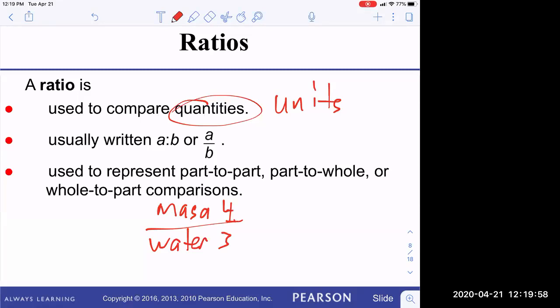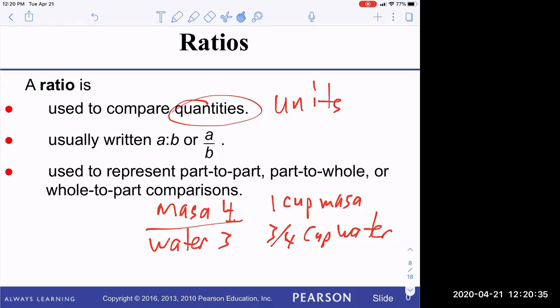So if I did 1 cup of masa, that's not a less than, that's a C. Well, I used 4 1/4 cups. That means I used 3 for the water. Yeah, and they turned out pretty good too. But notice units are important. I wrote them in there.